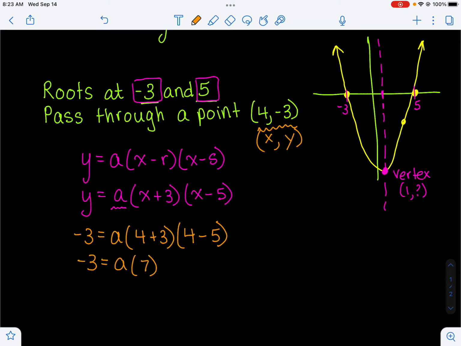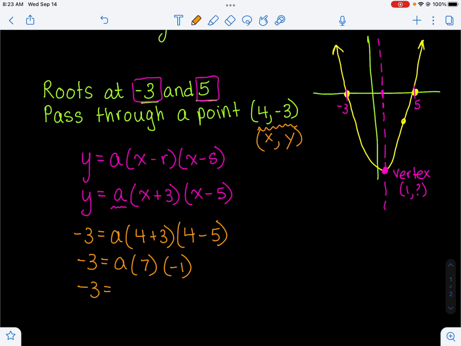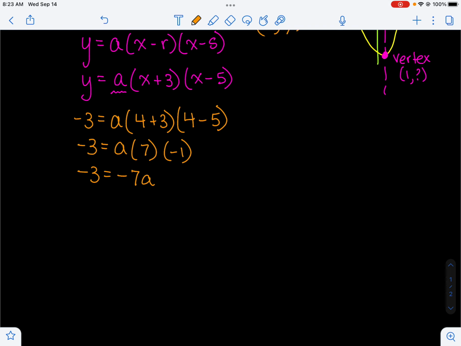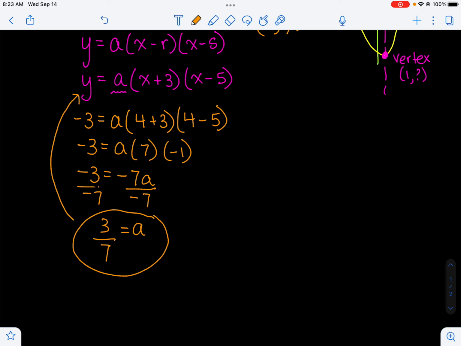So 4 plus 3 is 7. 4 minus 5 is -1. 7 times -1 is just -7. So I have -7a. I'm going to isolate a, so I'm going to divide both sides by -7. And I'll see that a is equal to 3/7. So if I sub that back into my equation, I get y equals 3/7, x plus 3, and x minus 5. So that's the equation of my quadratic function.